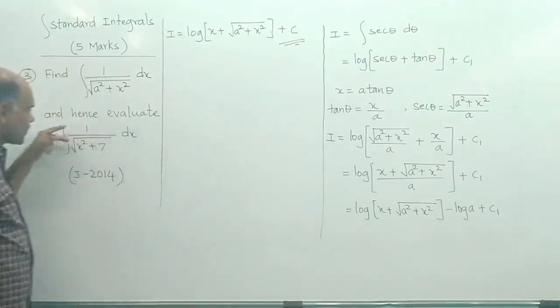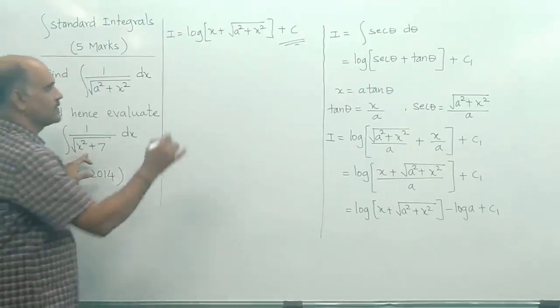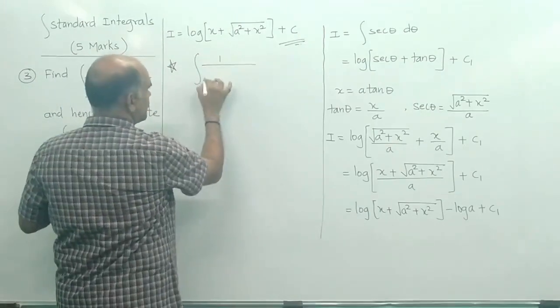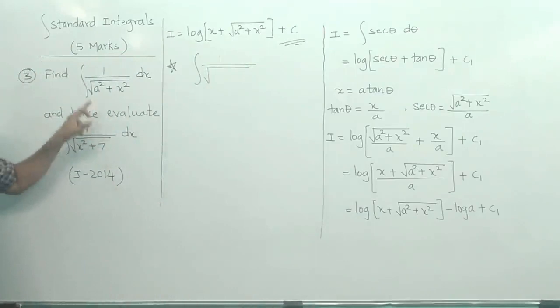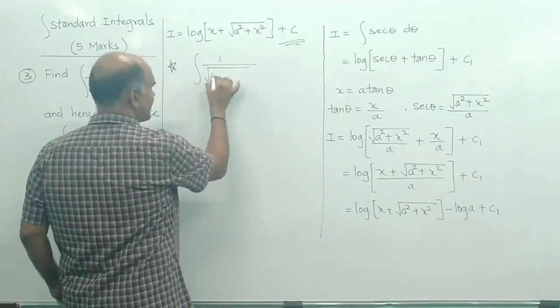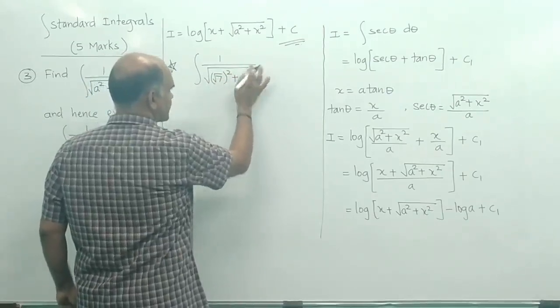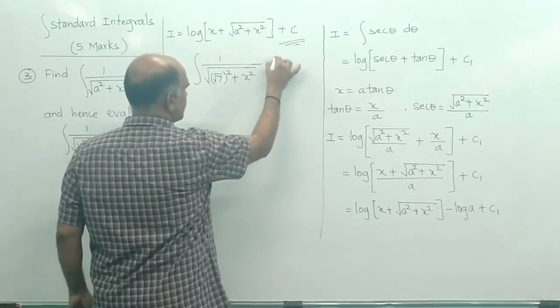And here the problem which he has asked is very simple, just in 2 steps we will have the answer. So if I take the problem which he had given, 1 by root of x square plus 7, I will write it in the form of a square plus x square. So 7 I will write as root 7 bracket square plus x square into dx.